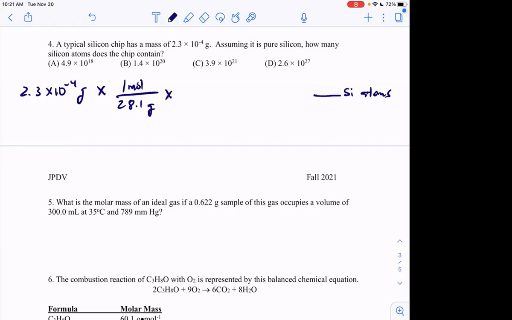And of course, Avogadro's number will be on your constant sheet. You have to memorize it, but 6.02 times 10 to the 23rd atoms per mole. And we get an answer of 4.9 times 10 to the 18th.